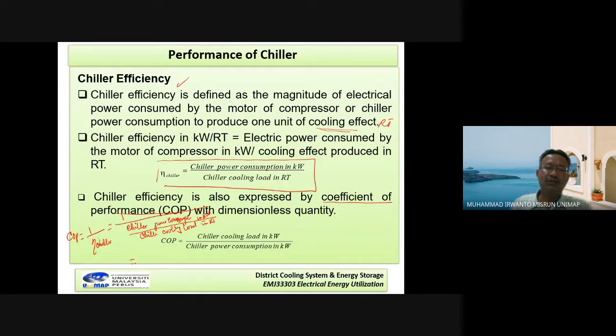Or we can write chiller cooling load in RT over chiller power consumption in kilowatt. This one is COP. COP is equal to 1 over efficiency of the chiller. Remember this one.